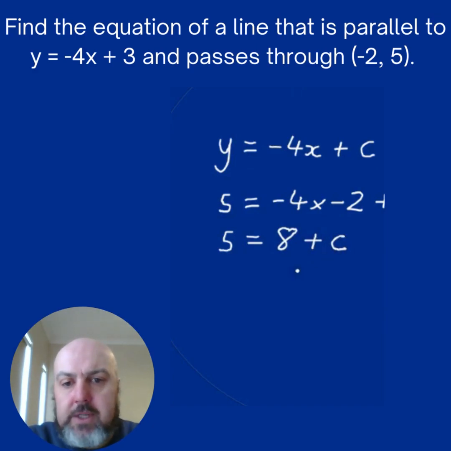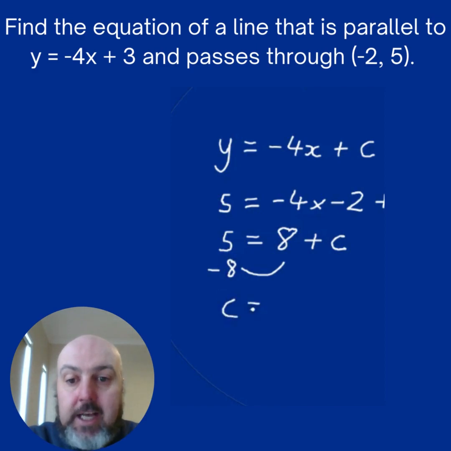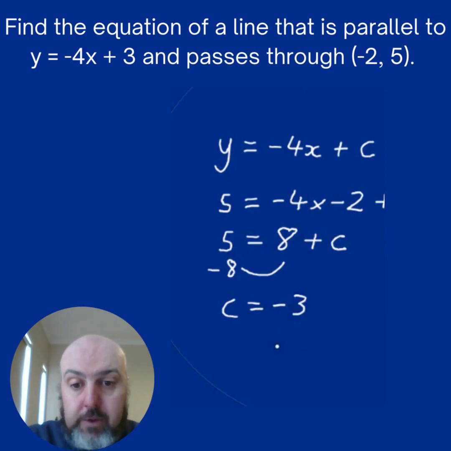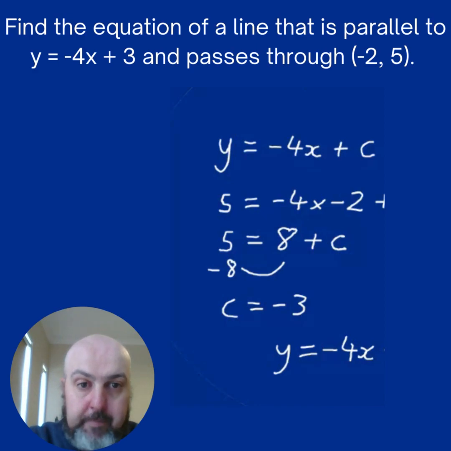So in order to work out what c equals, I have to bring the 8 across and add it. So that means c, when I work out 5 + 8, is 13. Therefore, the equation of the parallel line must be y = 4x, same gradient as the original equation, plus 13.